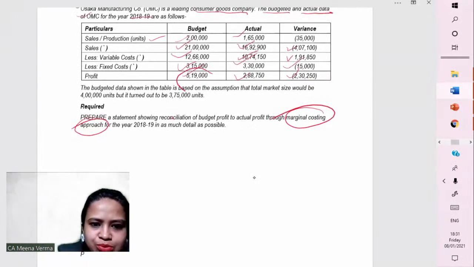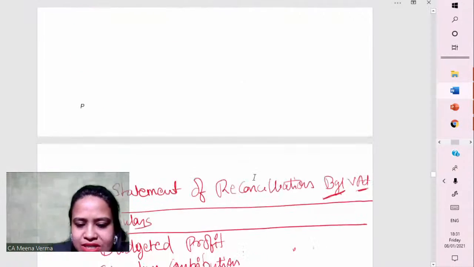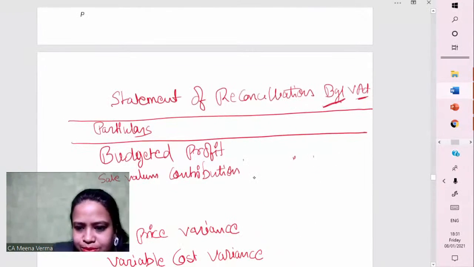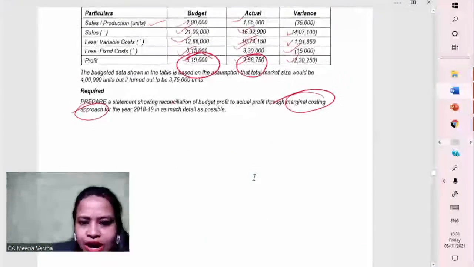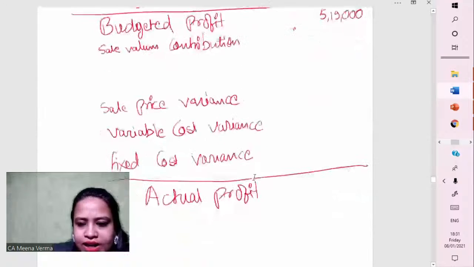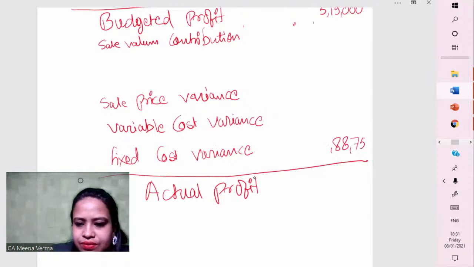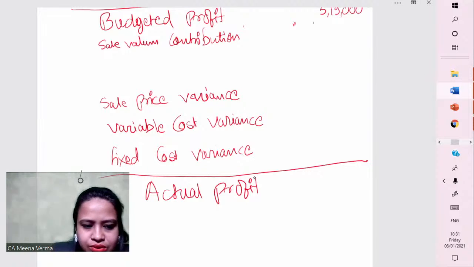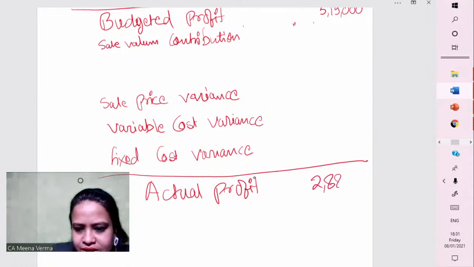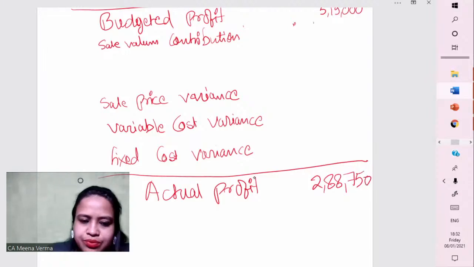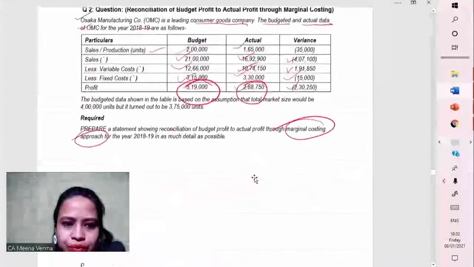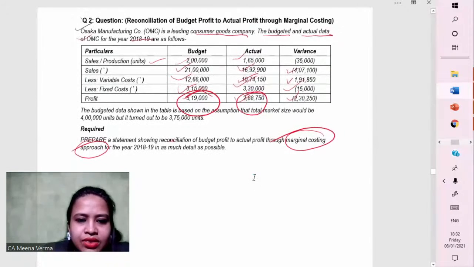See, we have the budgeted profit at this place and the actual profit at this place. We have the budgeted profit as rupees 5,19,000 and the actual profit as 2,88,750.